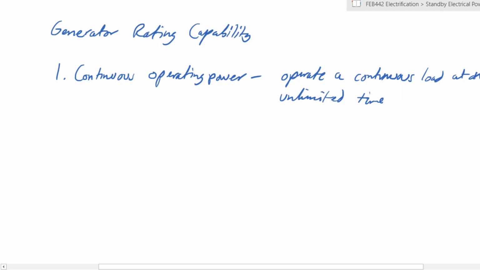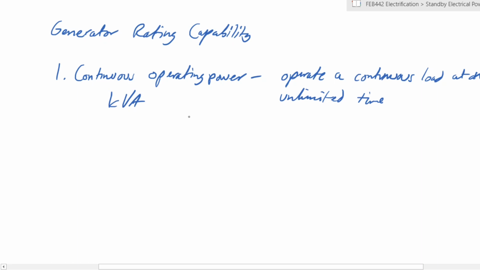So it is how long will the generator be able to run a specific, fixed continuous load for an unlimited amount of time? What is the maximum load that you can run the generator indefinitely, right? And this is measured in kVA. That is, a load of how many kVA can the generator run continuously, okay?